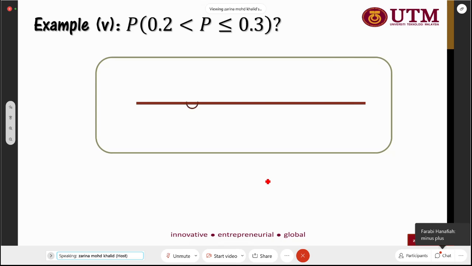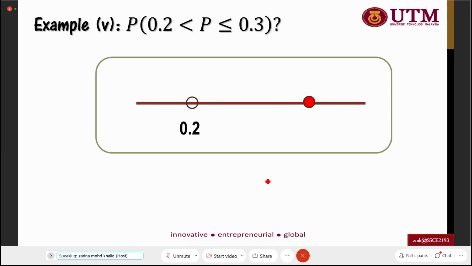So you have a blank circle. Farabi, minus plus. We will see whether Sham is correct or you are correct. Megat, minus plus. So we have 0.2 not included, and 0.3 is included. Afiq, Najmi, you have the same idea as Sham just now. Plus and minus, isn't it?